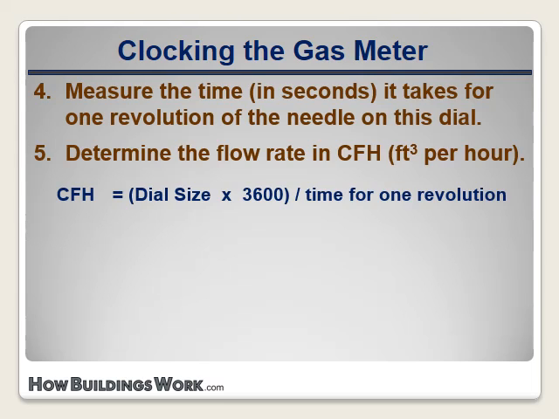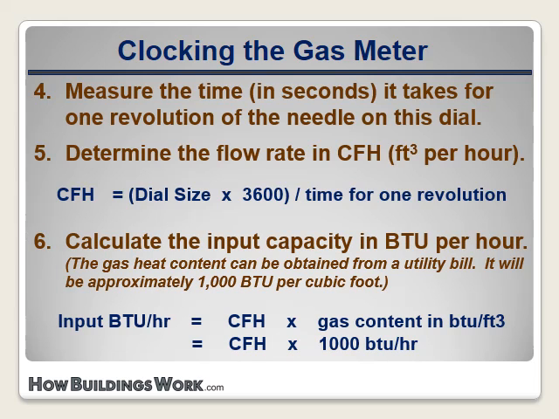Now a cubic foot of gas contains about 1,000 BTUs of heat, so the actual input to the appliance is approximately 1,000 times the cubic feet per hour that was calculated. You can get more accurate than this by looking at the gas bill to see the precise BTU content of the local fuel supply, but approximating it as 1,000 BTUs per cubic foot is usually close enough.